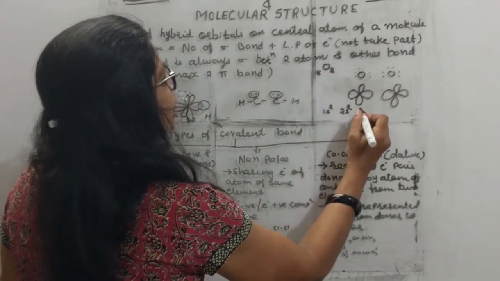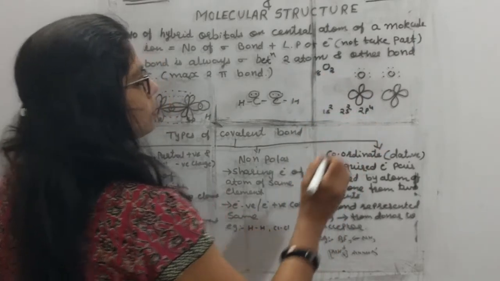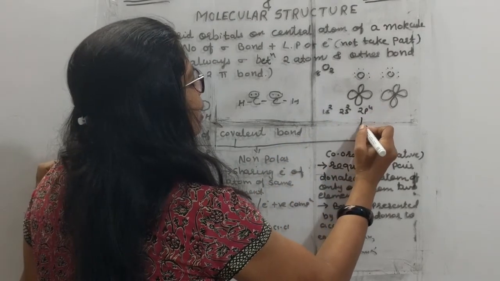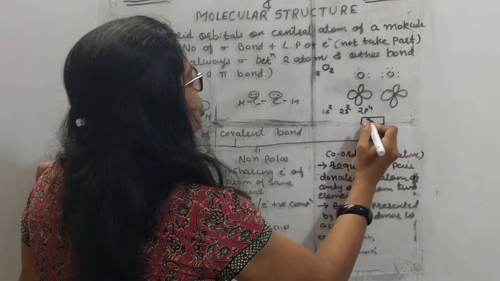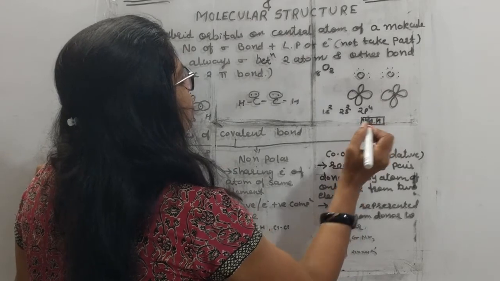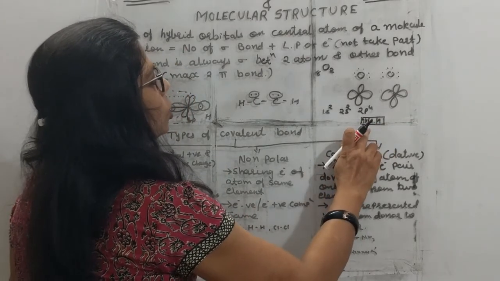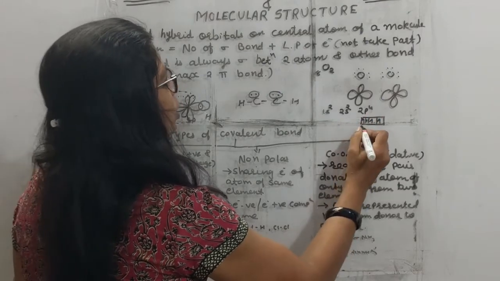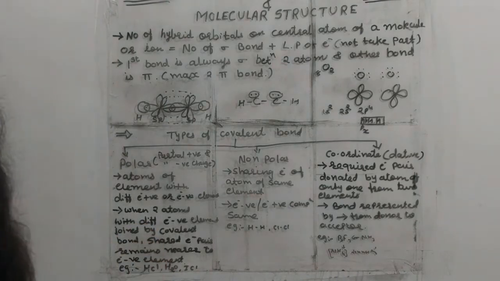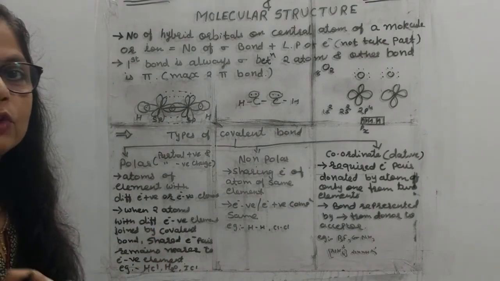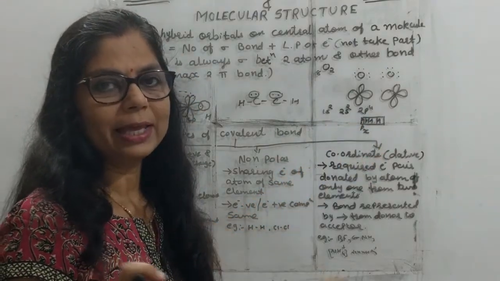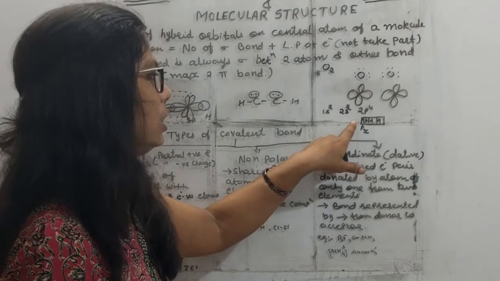So 1s2, 2s2 and 2p4. Within 2p this is the formation 1, 2, 3: px, py, pz. Within the px you can see, student, it is with one pair of electrons, means half spin and full spin, means rotation and anti-rotation, clockwise and anti-clockwise both are filled.